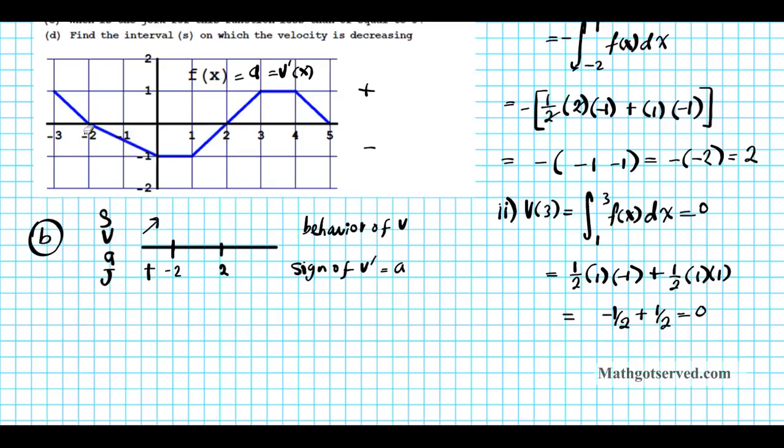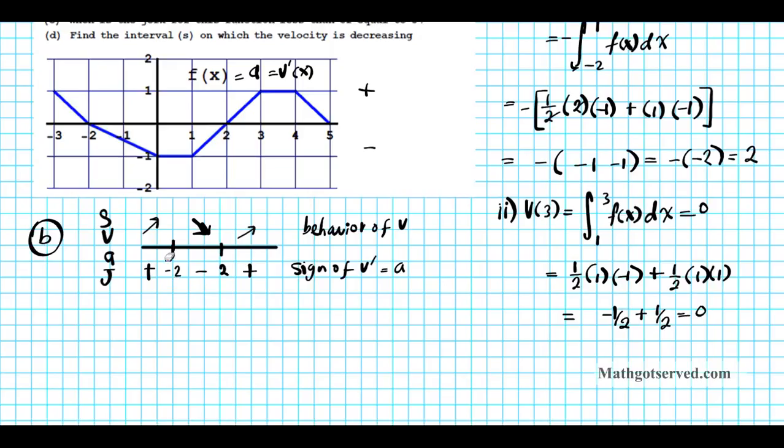From -2 all the way to 2, it's underneath the x-axis, which means that v prime is negative, which indicates the function is decreasing. And then from 2 all the way to 5, v prime is positive, which indicates that the function is increasing again. So if you go from increasing to decreasing, what can you classify this extrema as?